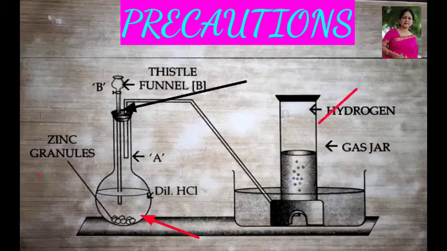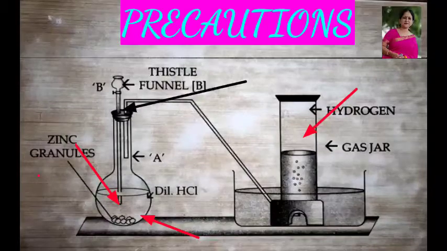This gas should be collected only after all the air in the apparatus has escaped. And lastly, the end of the thistle funnel should always be dipped under the acid, to prevent the gas from escaping through the thistle funnel, because then an explosion may take place.